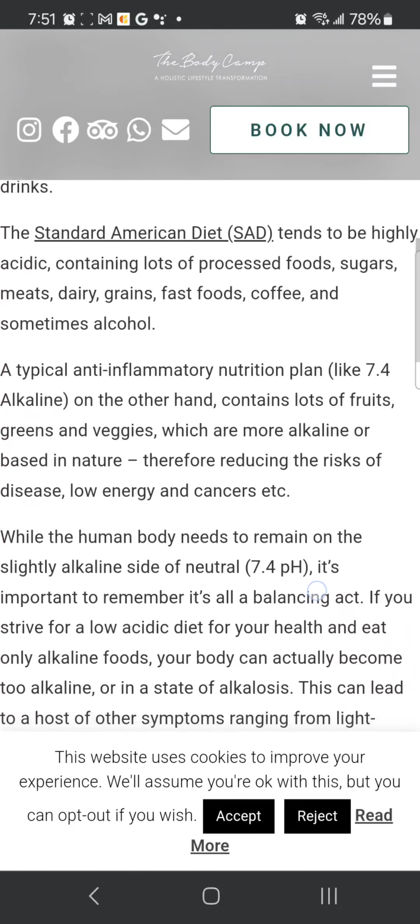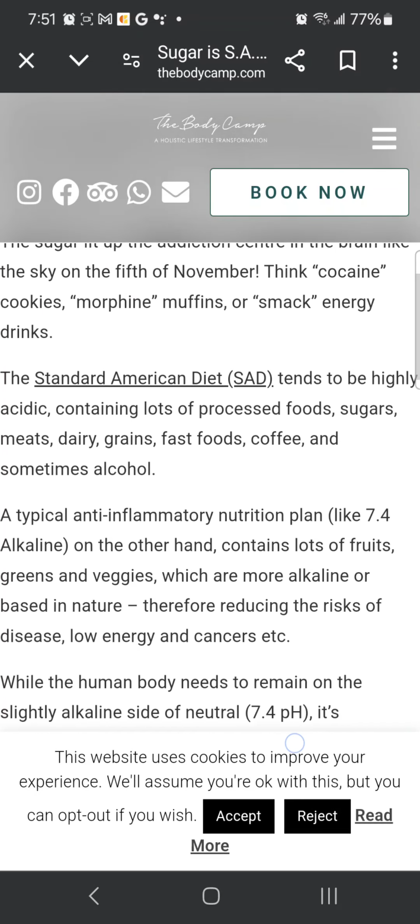Inflammation. A typical anti-inflammatory nutrition plan is around 7.4 alkaline. So anything pretty much below 7.4 is inflammatory. Basically it means your body's having a reaction to the acid, and it's not good because we need to have alkaline.